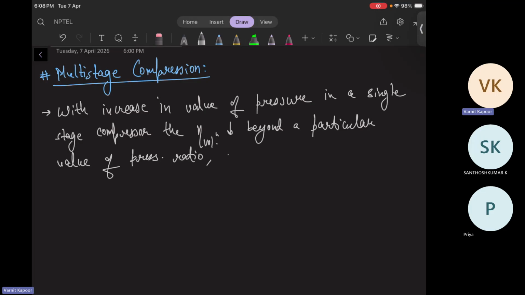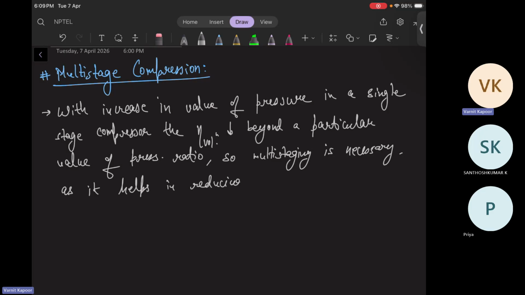So multi-staging is necessary, as it helps in reducing the construction cost of the material.